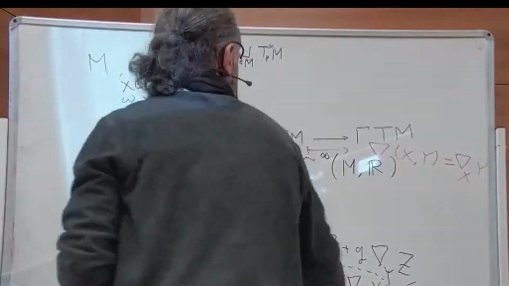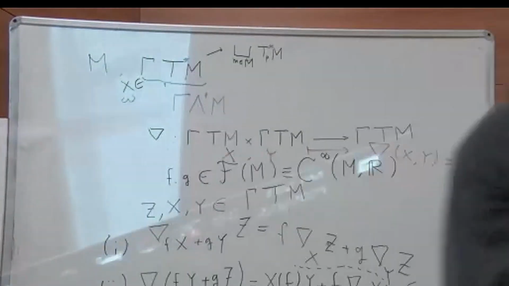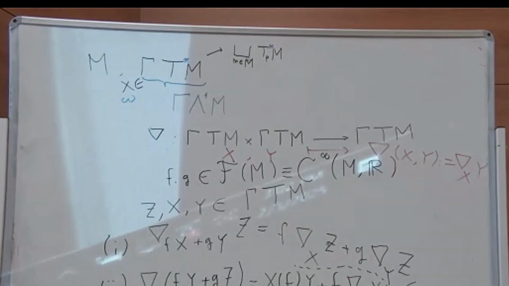I'm writing here. So when you concentrate on a patch on the manifold, that's an open set for its topology and also for its differentiable structure, meaning it's an element of the atlas or the domain of the chart belonging to that atlas.